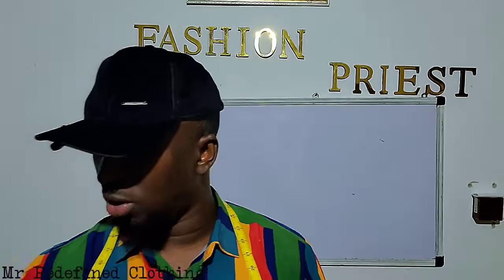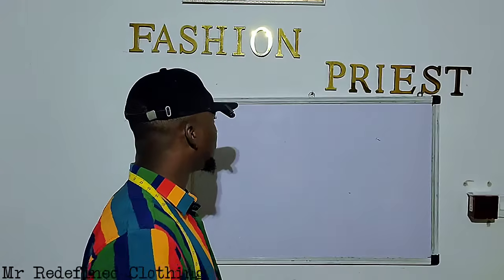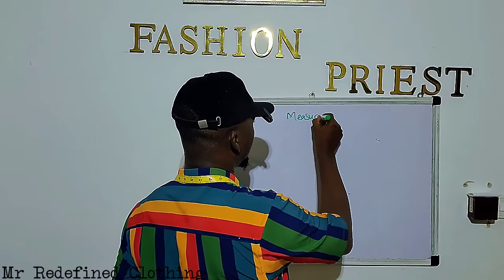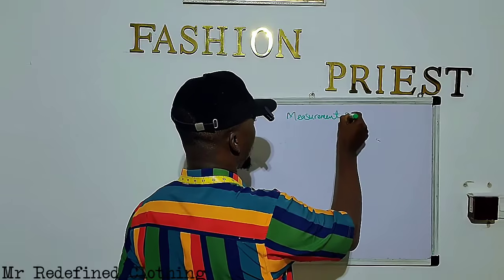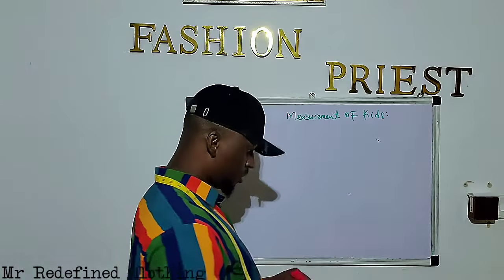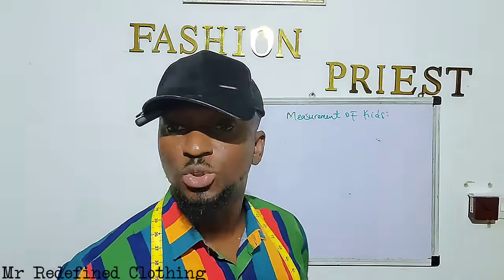Now the first thing you must know is that in kids clothing we don't do most things we do on adult clothing. So the first thing you should know is that in the measurement of kids, we don't make it too fitted, because kids tend to grow rapidly.